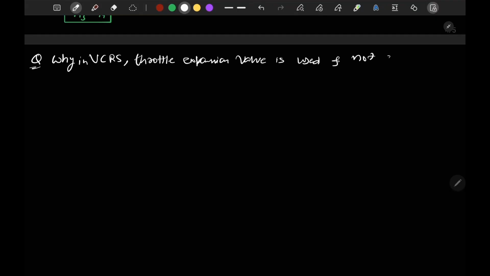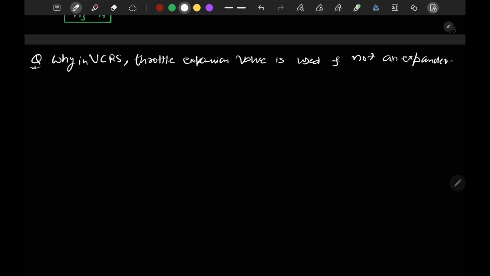So our question is, why in VCRS is a throttle expansion valve used and not an expander?